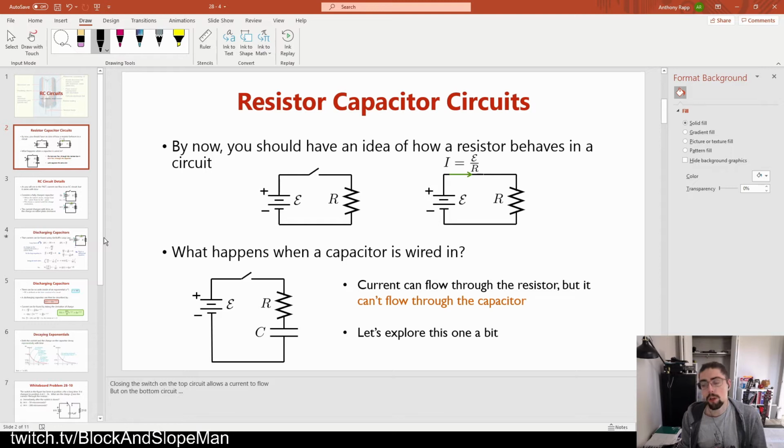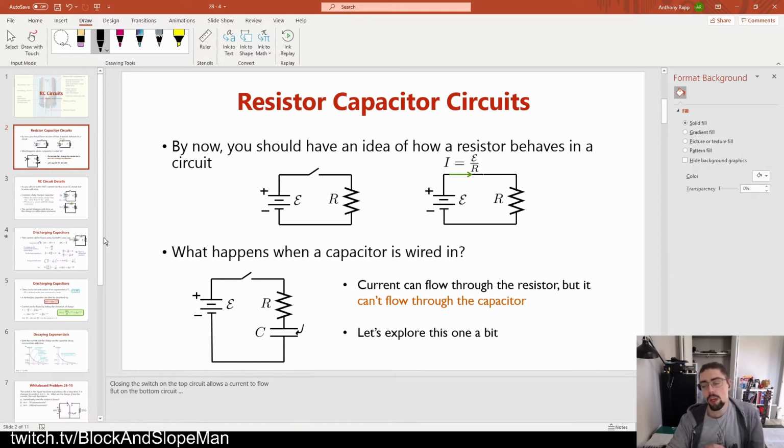But what happens if we put a capacitor in there too? Think about what this might mean. If I look at this capacitor, if I just look at the diagram, what do we see? When we close that switch, can current flow through the capacitor? Well, there's a gap, right? There's no wires connecting these two pieces.